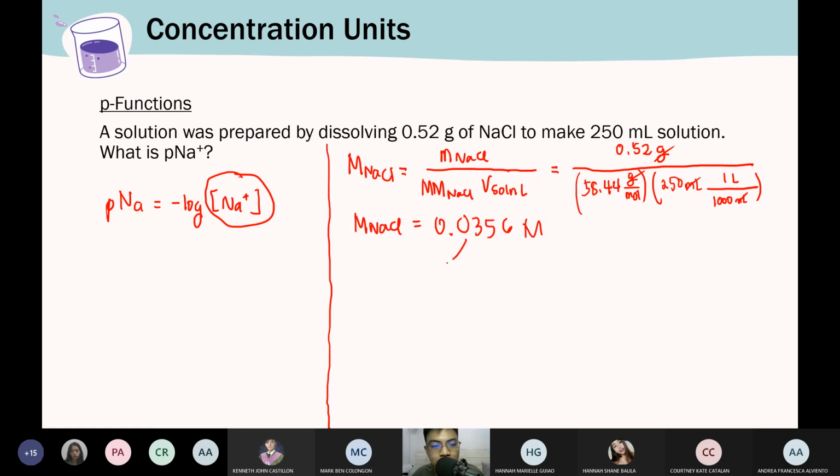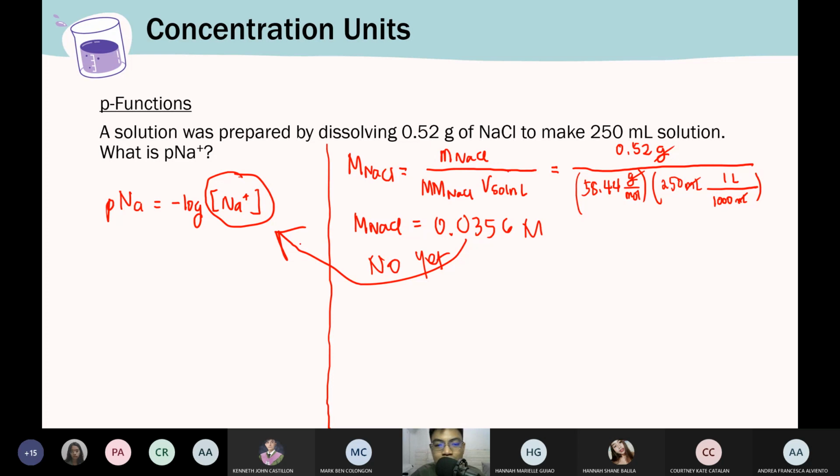Now, can we plug it in there? My answer is no, not yet. Why? Because look at the equation. It asks for the concentration of sodium ion.